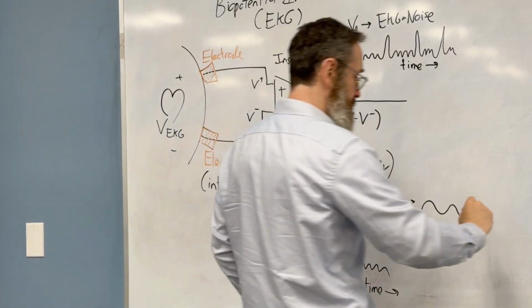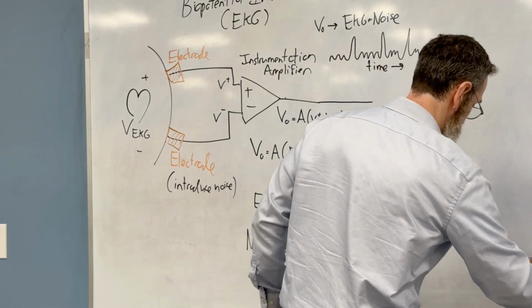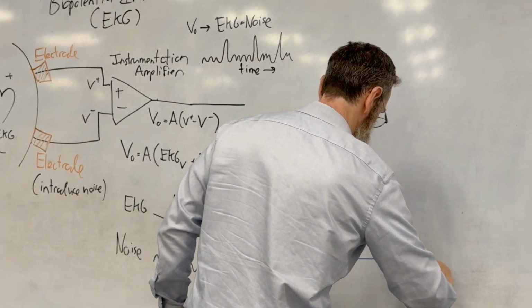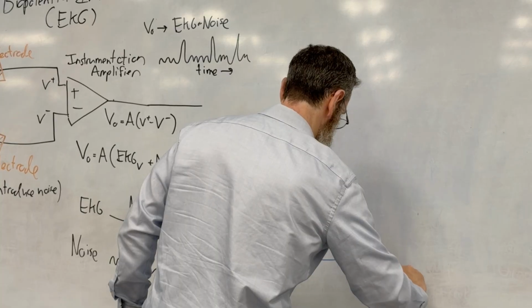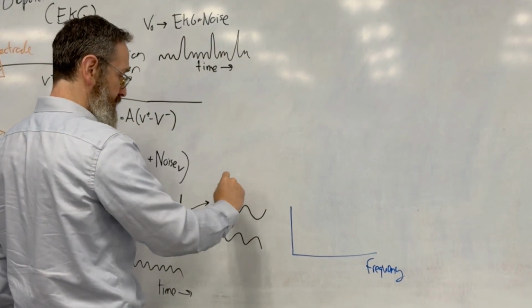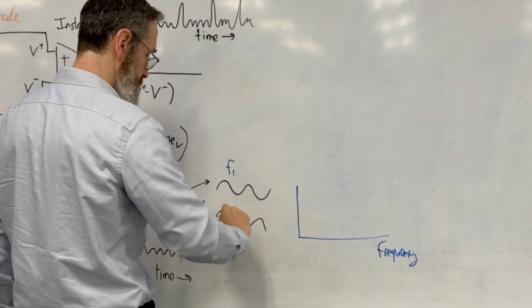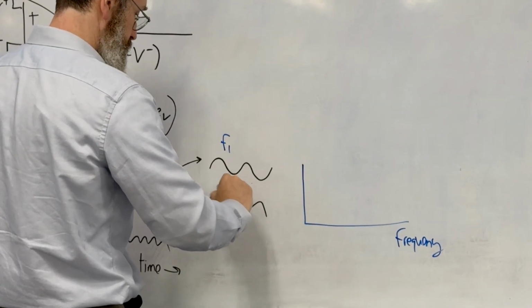I would add a frequency axis, and say frequency 1 and frequency 2.